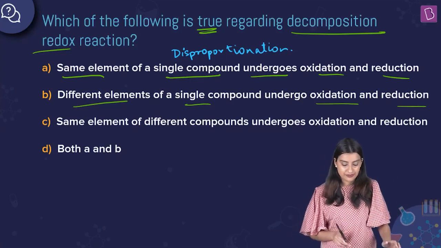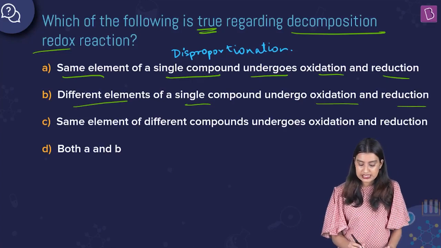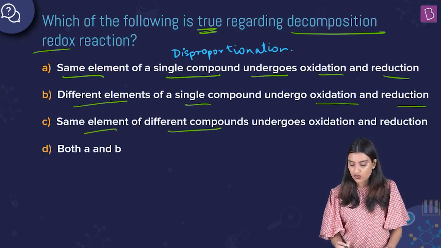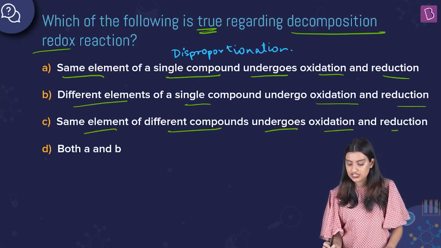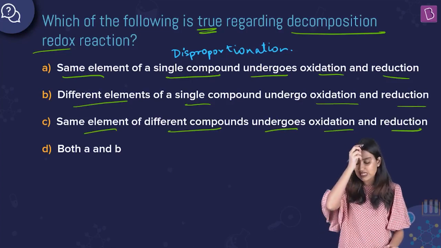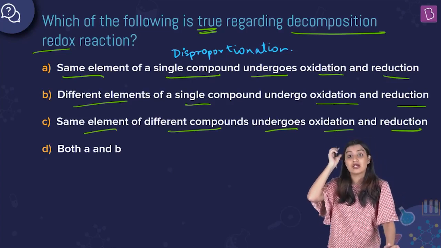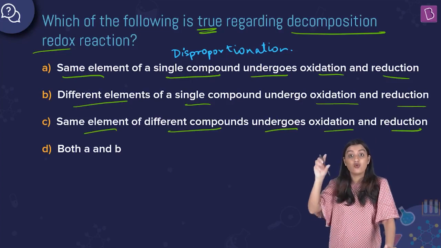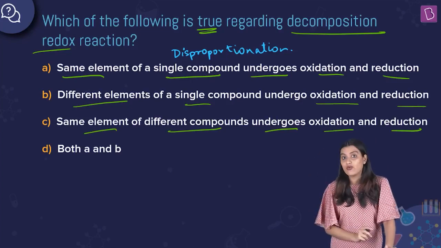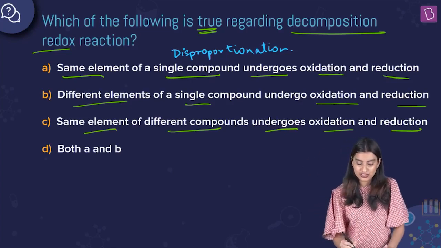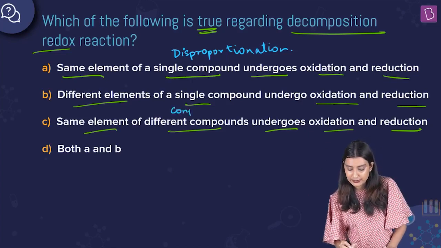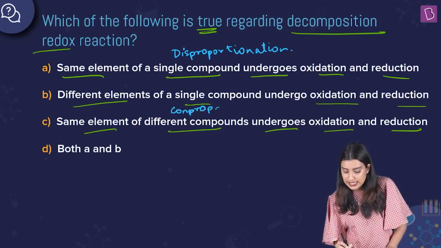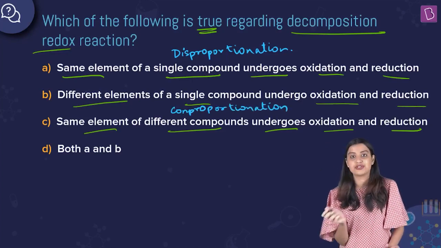Let's see what's happening. Now, you have option C, same element of different compounds undergoes oxidation and reduction. Okay, so if the same element from different compounds is undergoing oxidation and reduction to give you one single product, then what is it? It is comproportionation reaction, which as I keep telling you, is nothing but disproportionation reaction seen from the reverse end.